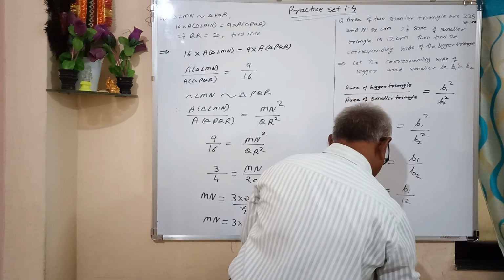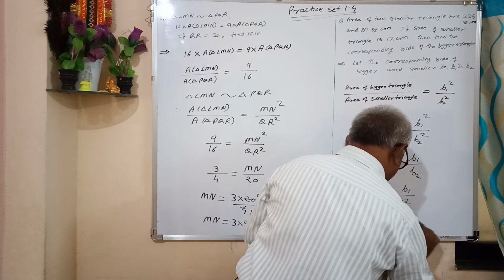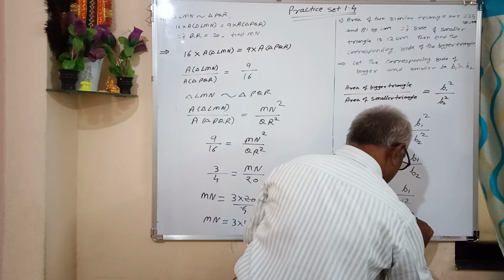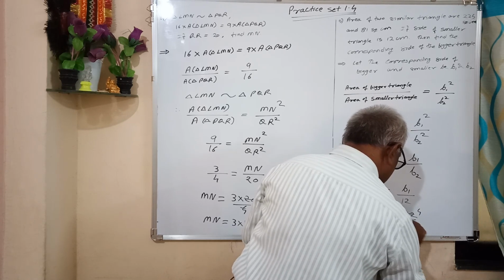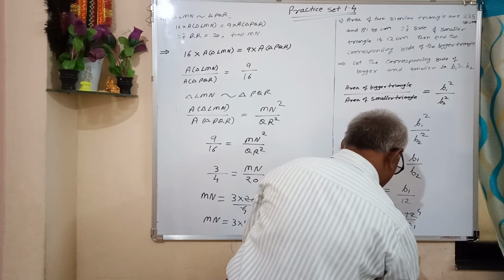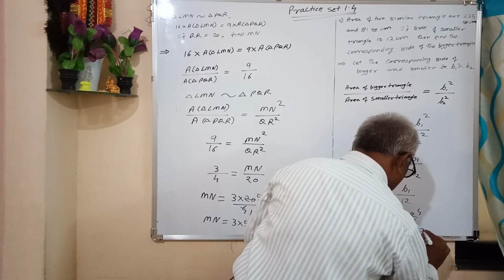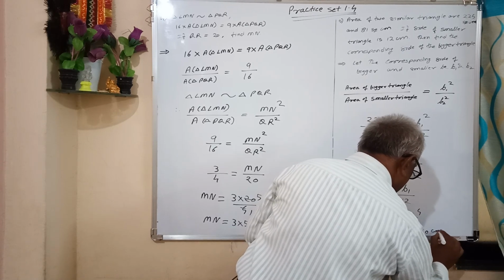Therefore B1 is equal to 15 into 12 upon 9. 3 3s are 9, 3 4s are 12, 3 1s are 3, 3 5s are 15. Therefore B1 is equal to 5 into 4, that is equal to 20 centimeter.